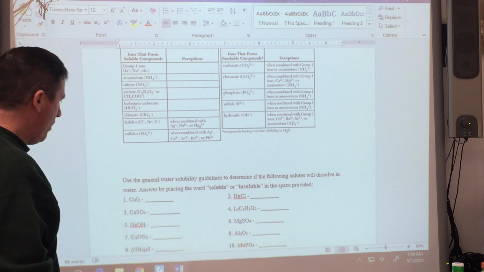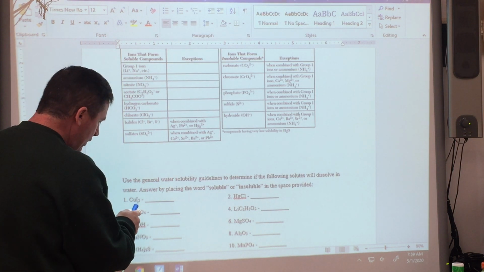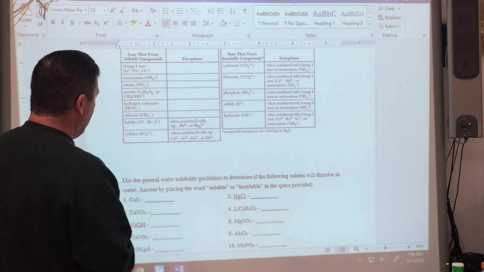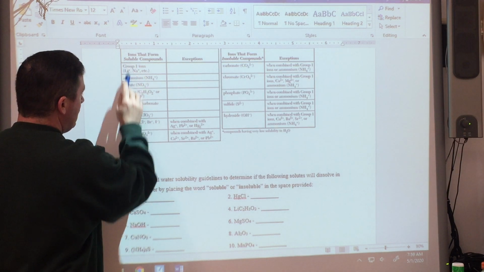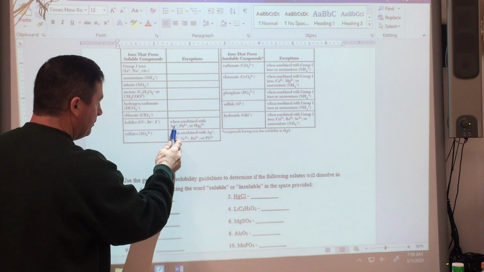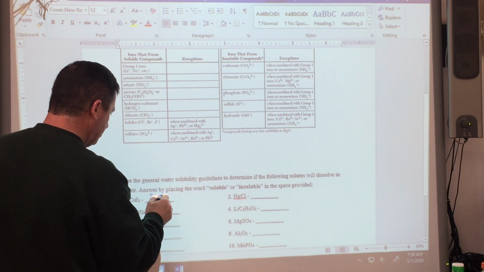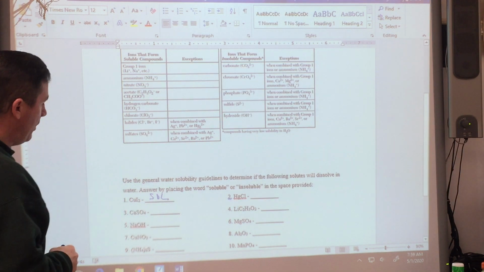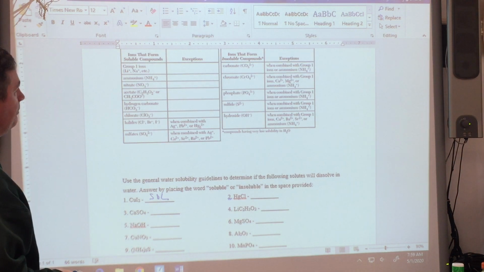All right, let's try it. Copper 2 iodine. So iodine is a halide, and halides are soluble. Is copper an exception? No, it is not. So because of that, it's soluble. Calcium sulfate.